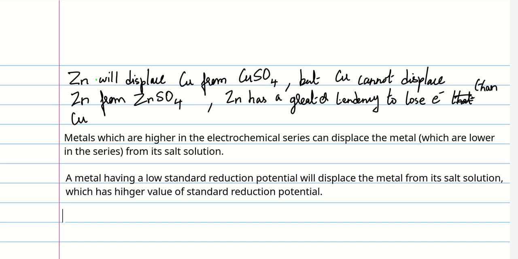The third application of the electrochemical series is one can predict whether a given metal will displace hydrogen from dilute acids.